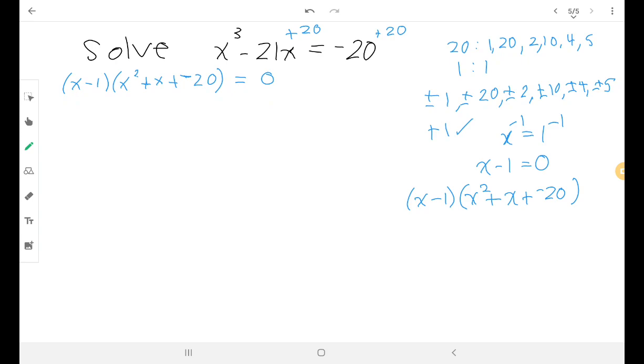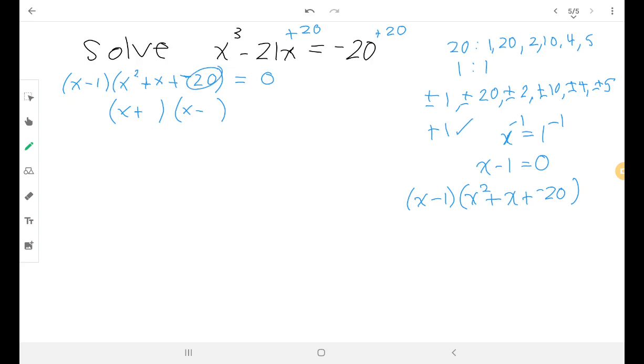Now, it would be nice if I could break this down into two factors. An x squared here means I can start with x and x. A negative here means one of them is plus, one of them is minus.